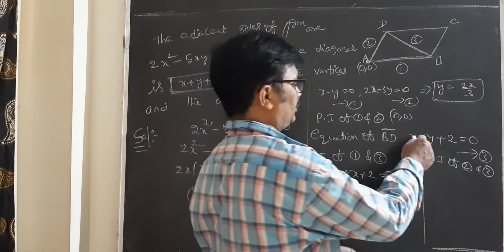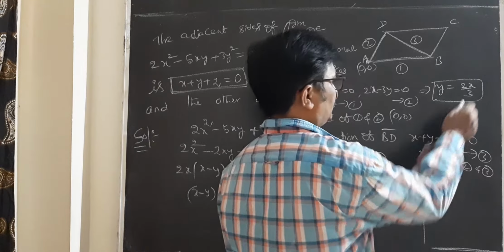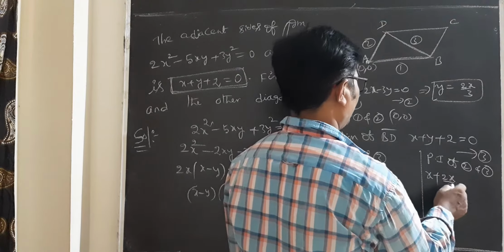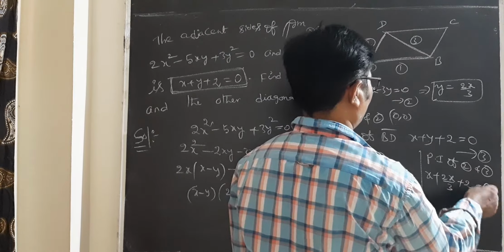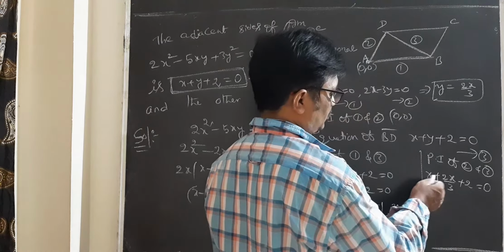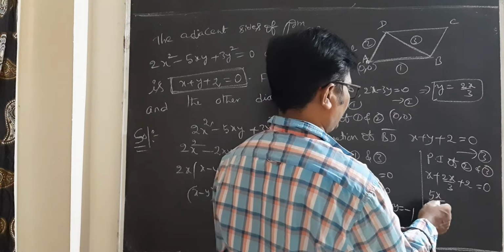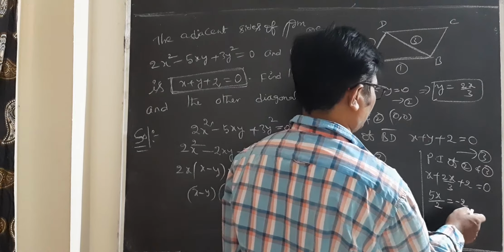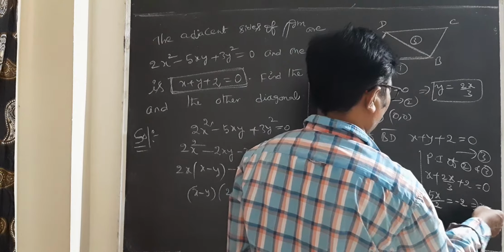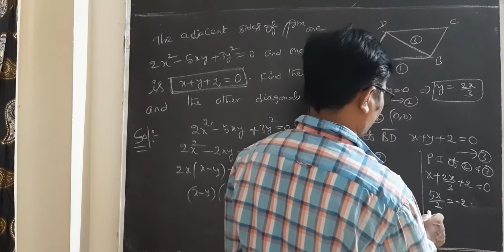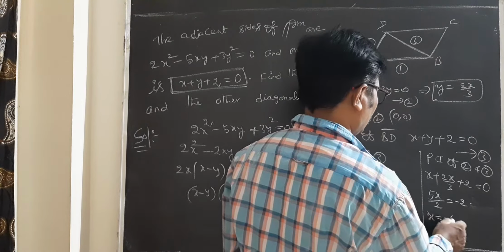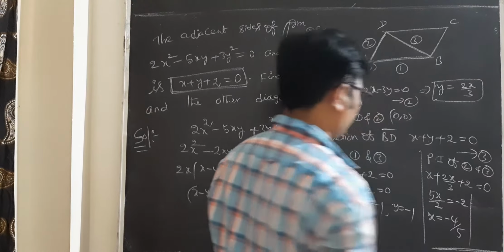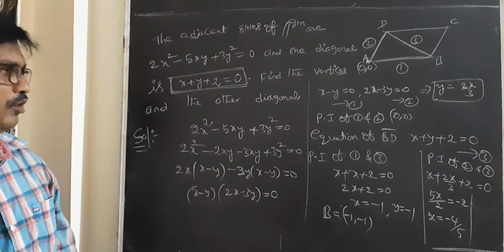Now substituting here, x plus 2x by 3 plus 2 equal to 0. This is 3x plus 2x, 5x by 3 equal to minus 2. Now students, the value of x is undoubtedly minus 4 by 5. That is x equal to minus 4 by 5.